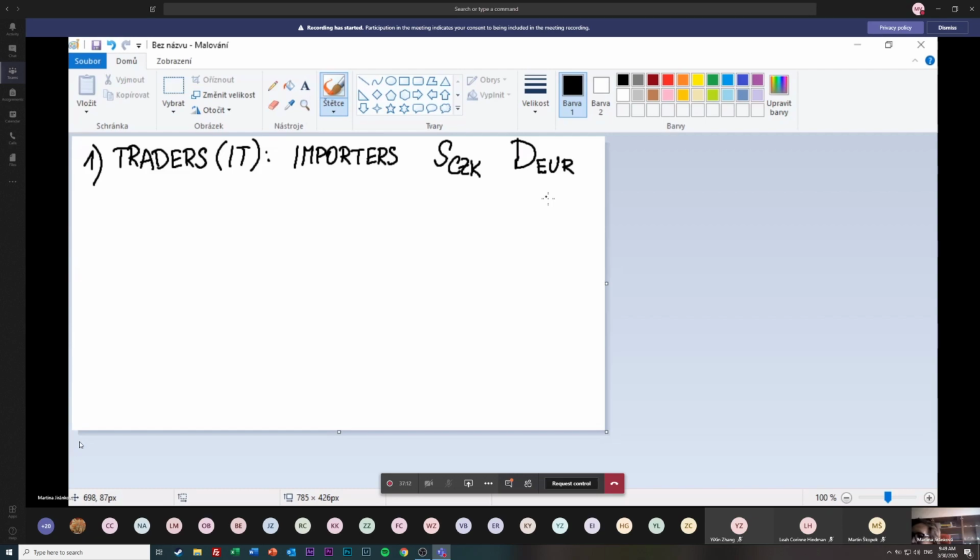Demand for euros. Okay. Supply of Czech crowns, demand for euros. Thank you. So, what about exporters? Sometimes it's a problem to understand. So, what's the situation?